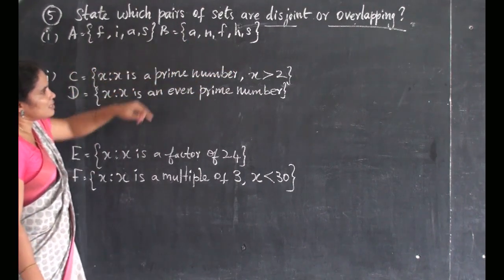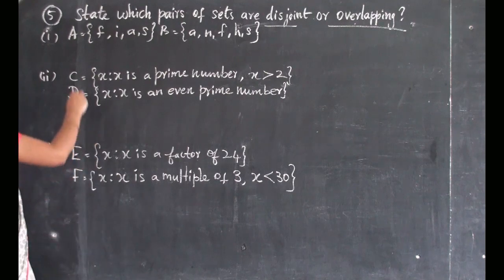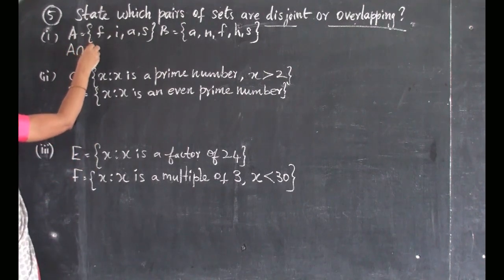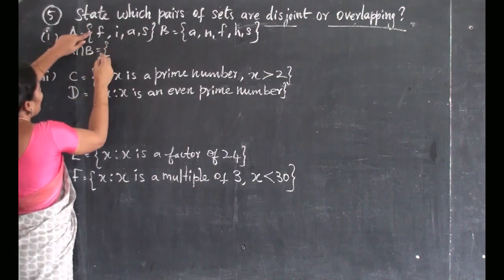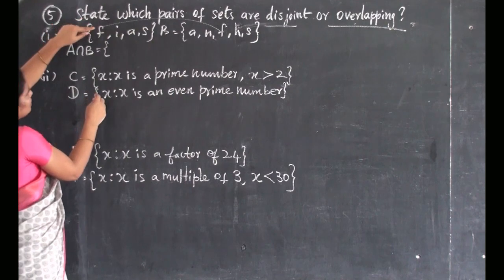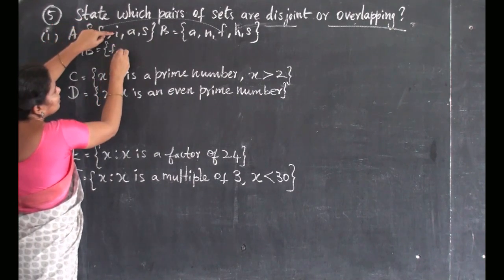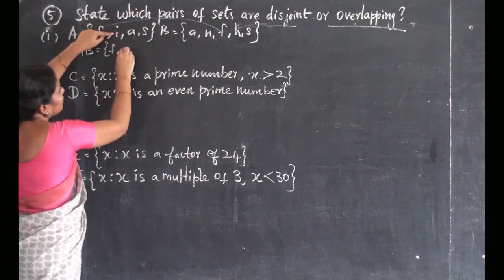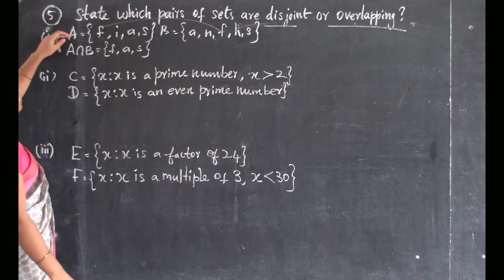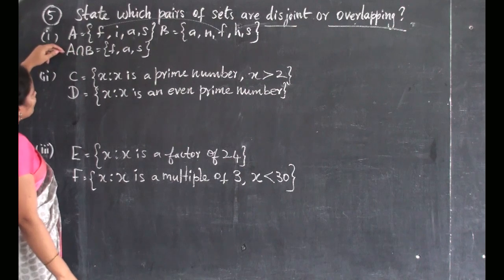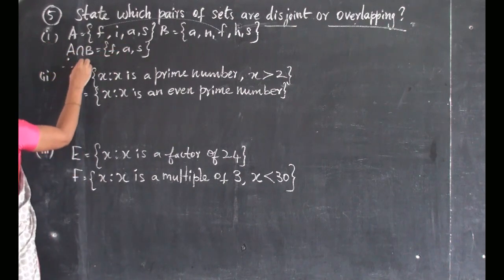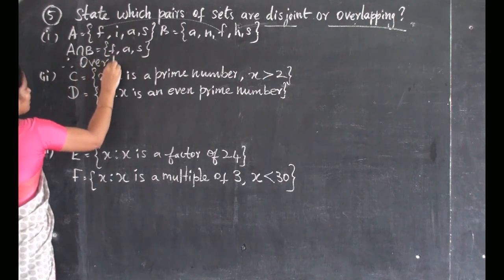To decide whether it is disjoint or overlapping, we can find A intersection B. F is present in both A and B. I is not there, A and S are. So if you have any element in common in both A and B, it is an overlapping set. Therefore it is overlapping.